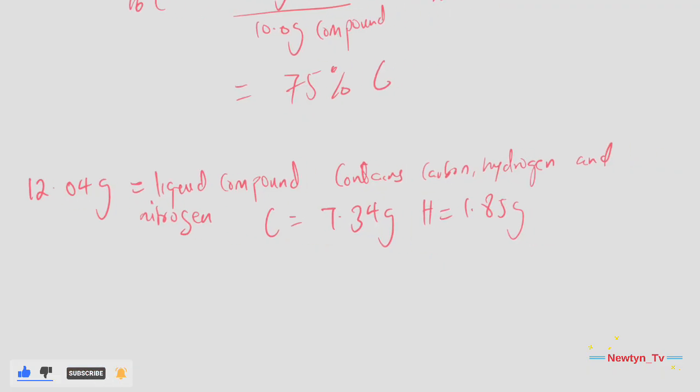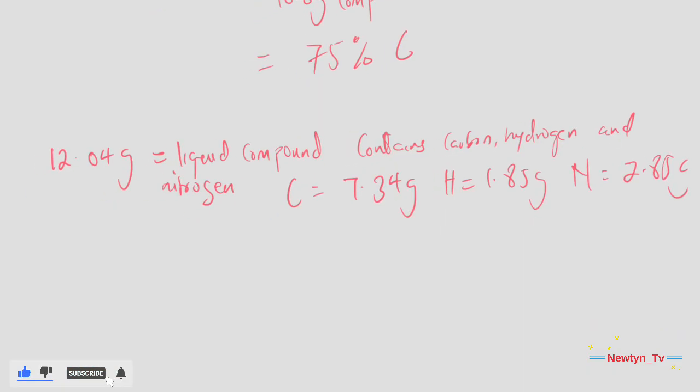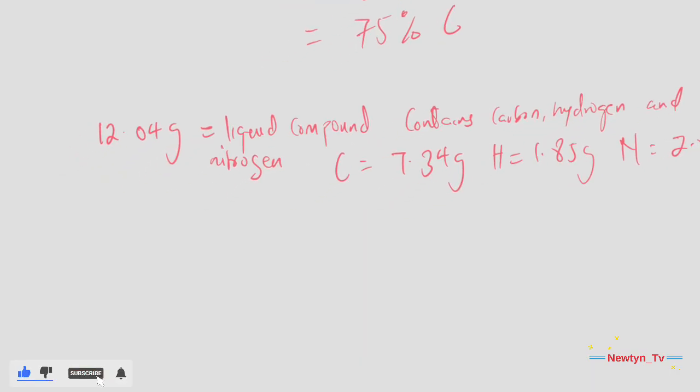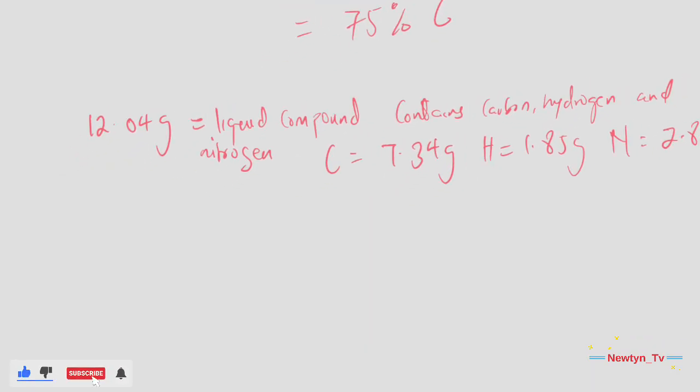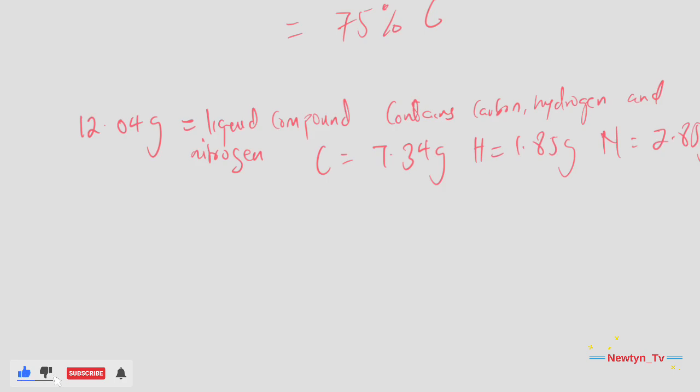And lastly, the nitrogen, which is N, has its mass to be 2.85 grams. So what is the percentage composition for this compound? If you really understand the previous examples that we did, you can pause the video and try to do this on your own.